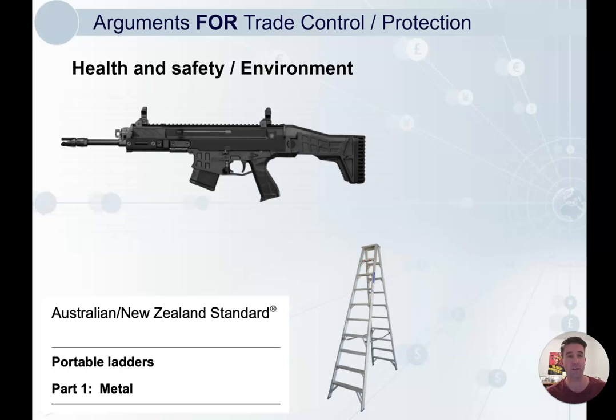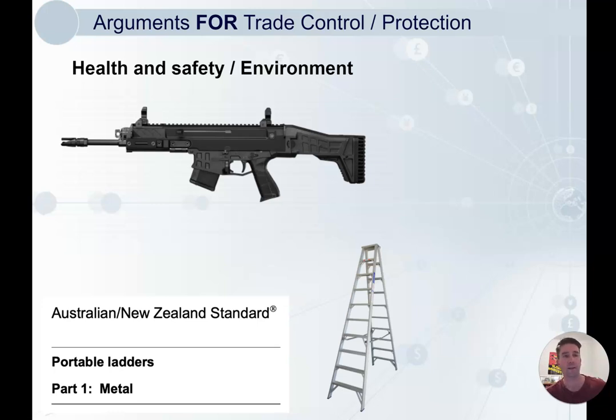Another type of protection is for safety. So in Australia, we've got these things called Australia-New Zealand standards. So for example, every sort of ladder that you buy has to meet the Australian standard for ladders, right? So specific details, features that they need to have to be sold in Australia.